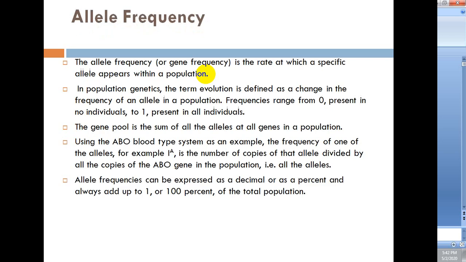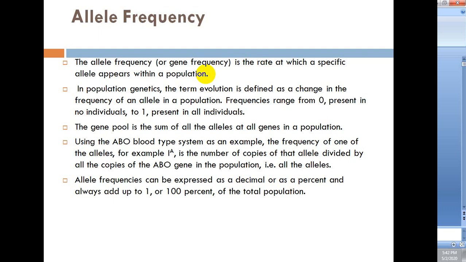Now, when all these forces act, there is always a change in allelic frequency or gene frequency within a population. So first we should know what allelic frequency or gene frequency is.